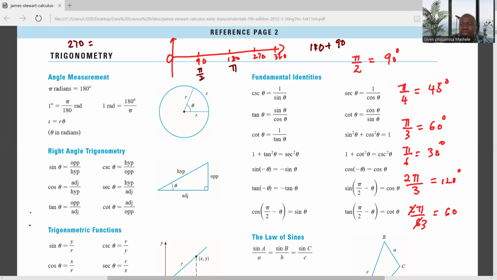But in radians, we know that 180 is pi and 90 is pi over 2. If we simplify by applying the simplifying of fractions, 1 times 2 is 2, so pi becomes 2 pi over 2, and this gives us 3 pi over 2.